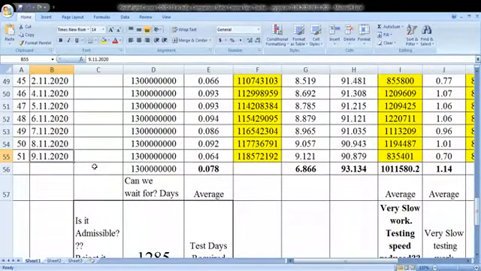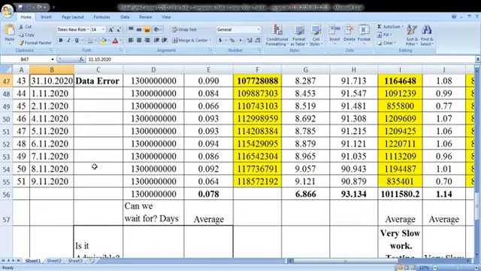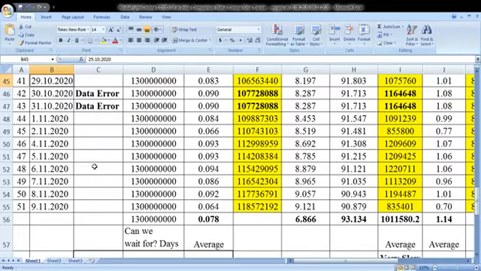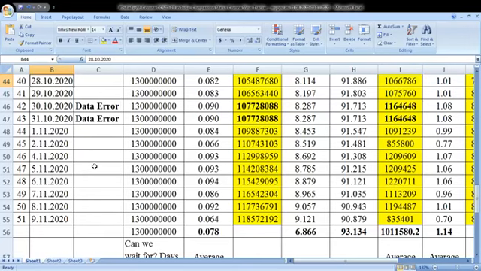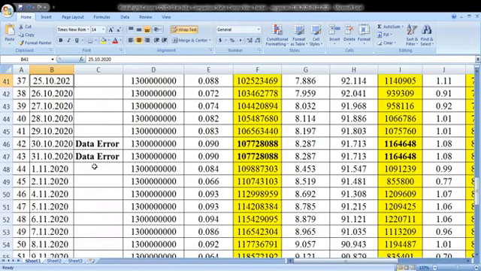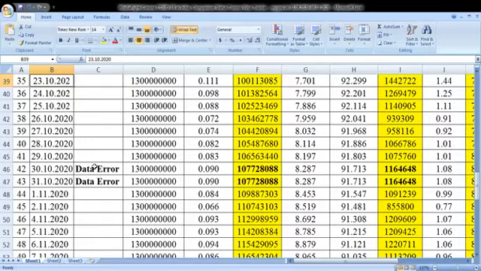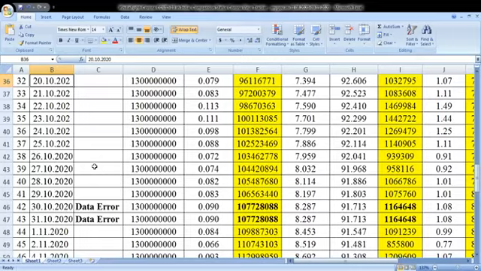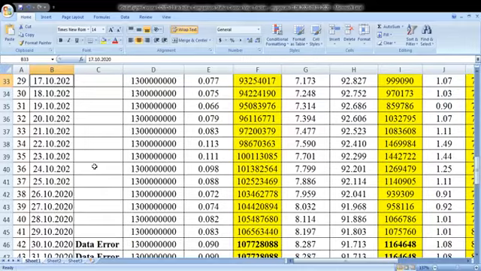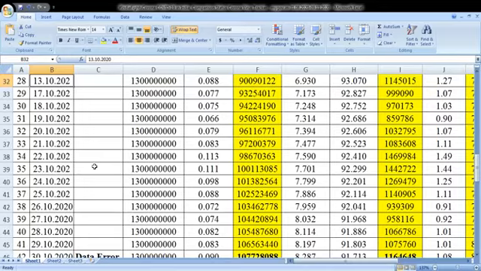So we go 9/11, 8/11, 7/11, 6/11, 5/11, 4/11, 2/11, 1/11, 31/10, 30/10, then 29/10, 28/10, 27/10, 26/10, 25/10, 24/10, 23/10, 22/10, 21/10, 20/10, 19/10, 18/10, 17/10, 13/10. Some are missing there. I couldn't get the information, so don't worry about that.